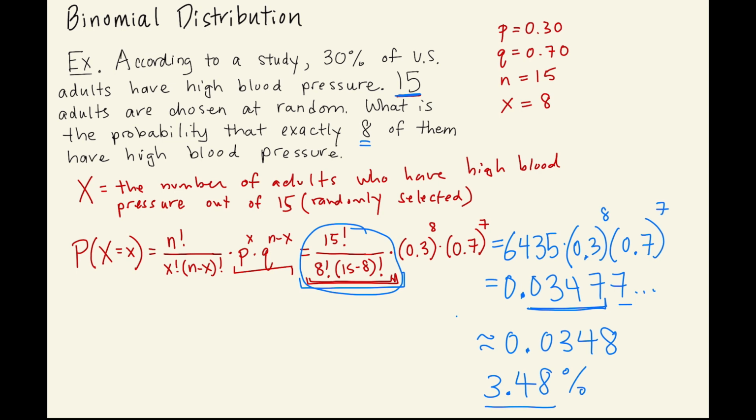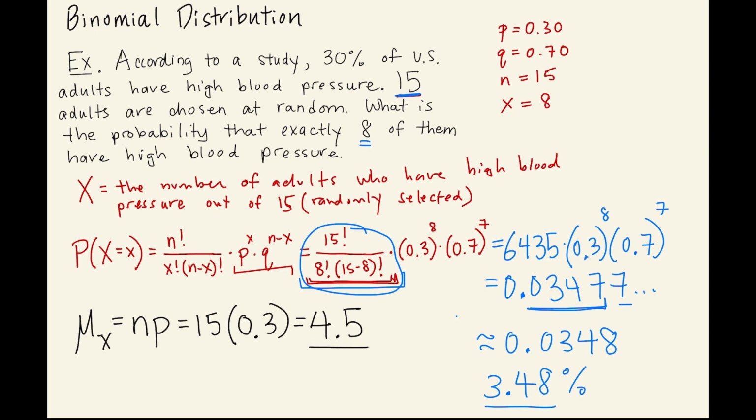One other thing I wanted to point out is how we can calculate the expected value of this binomial probability distribution. We don't have to use the formula that we first learned for probability distributions, because we have a quick formula that we can use, which is n times p. So in that case, it's telling us that the expected value is 4.5 of the individuals would have high blood pressure.